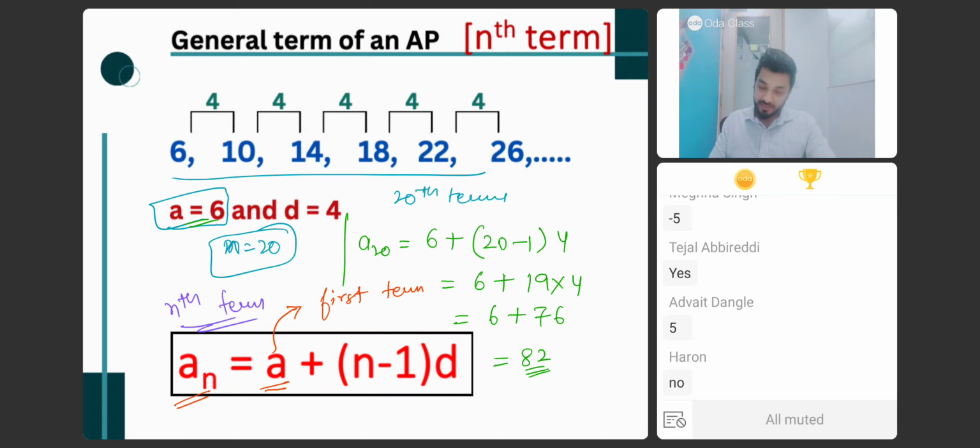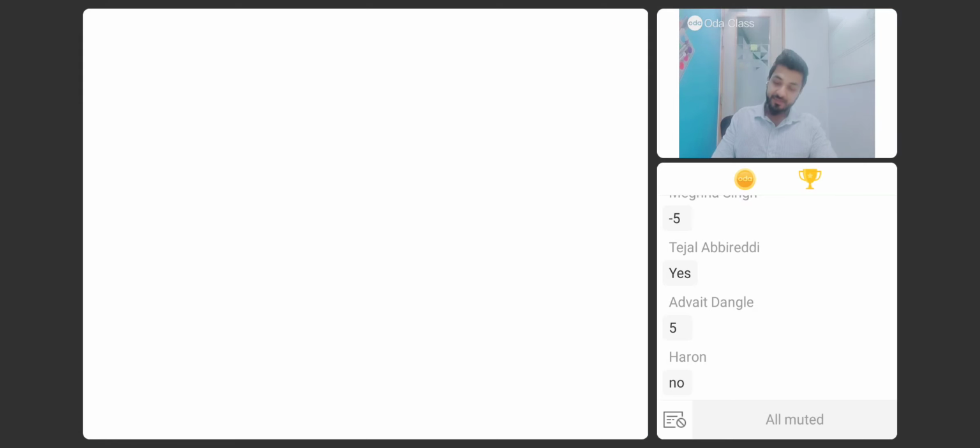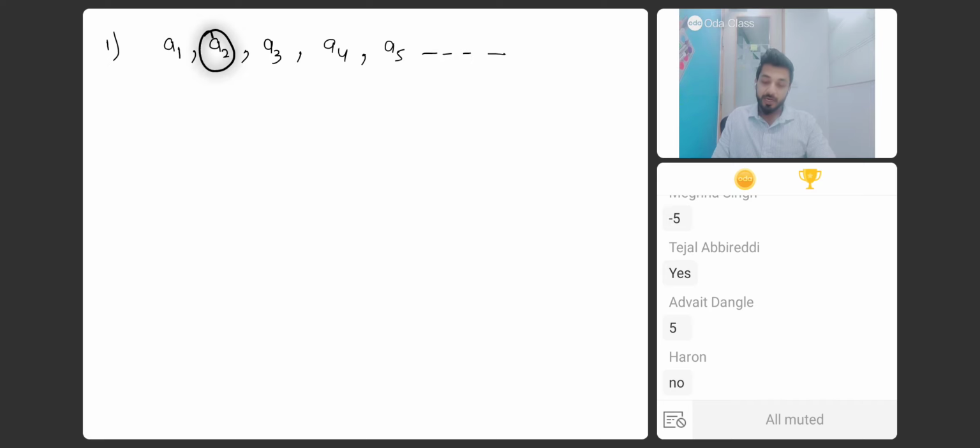So if I summarize it in a simple way, let us suppose we are given an arithmetic progression A1, A2, A3, A4, A5 and so on. A1 means first term, A2 means second term, A3 means third term, A4 means fourth term, A5 means fifth term.